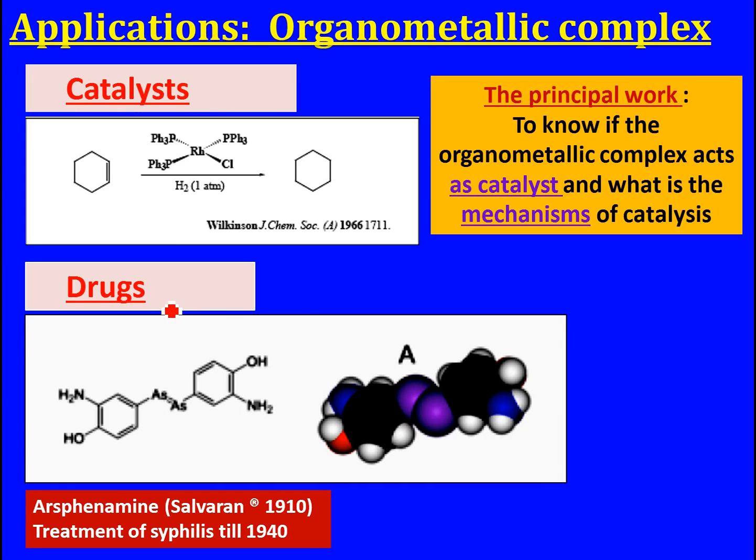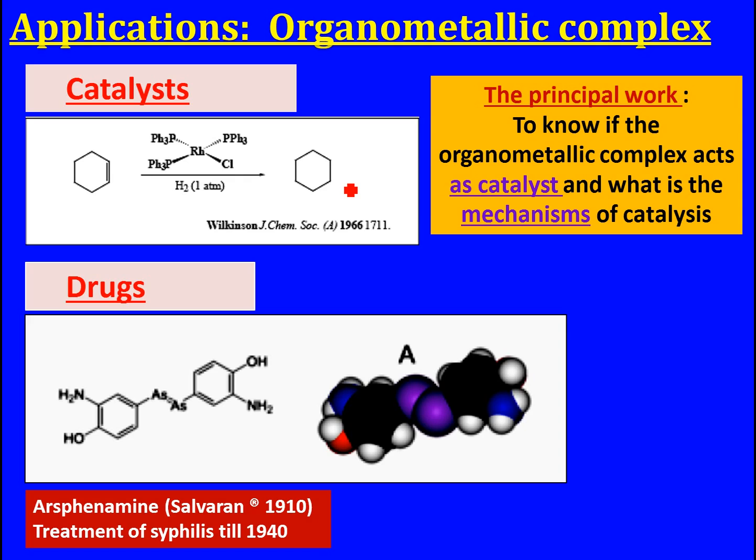The application of organometallic complexes. They were used as catalysts, and we have the famous reaction of Wilkinson, which is the hydrogenation of cyclohexene to cyclohexane, and Wilkinson won the Nobel Prize in 1973.